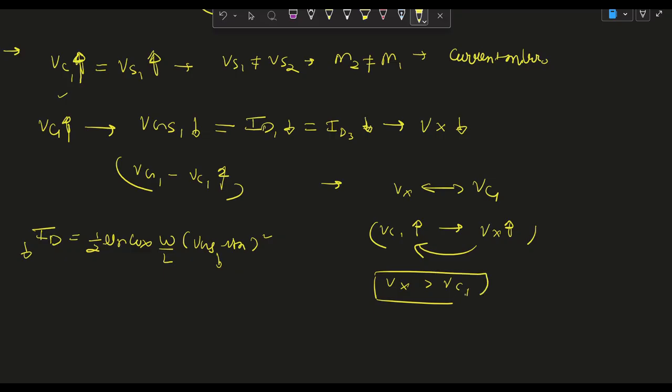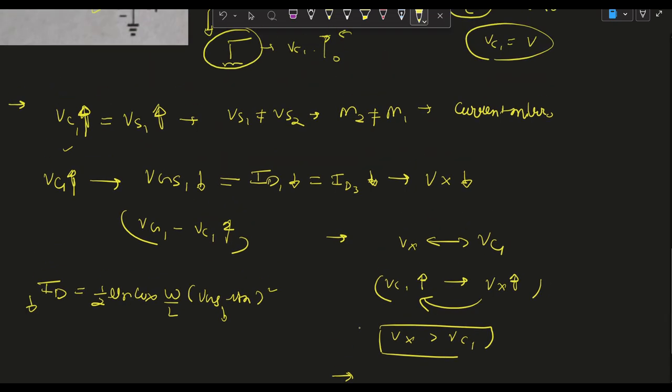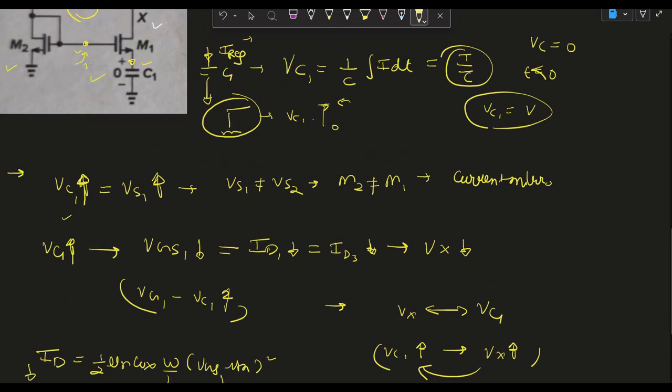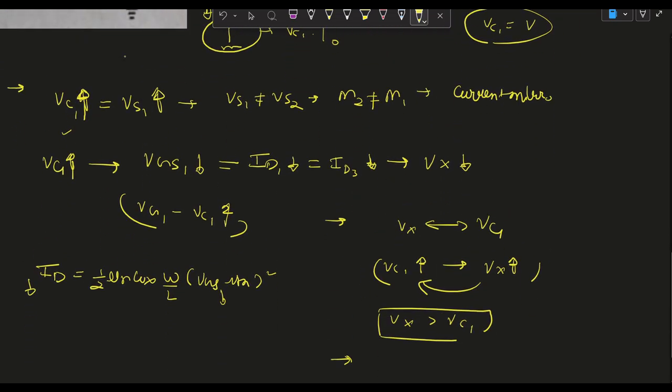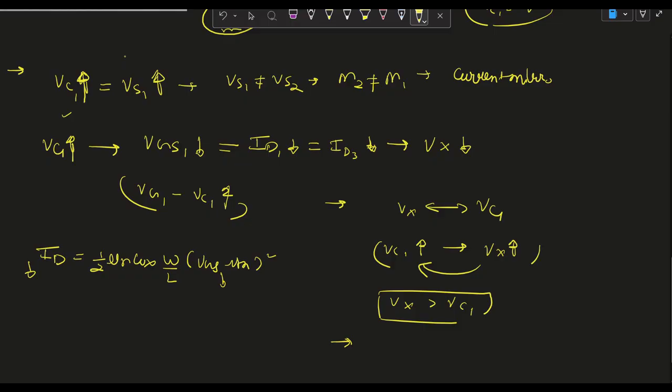So why is this the case? Any MOSFET which is working in saturation or triode region, let's see this M1 MOSFET. If it has to work, it has to be in saturation or triode region.